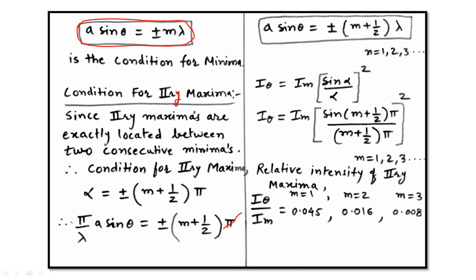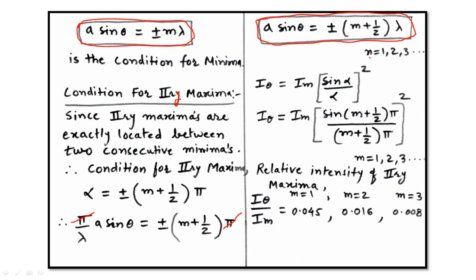So again cancelling pi from both sides and rewriting this equation, we get the condition for secondary maxima as a sin theta is equal to plus minus of m plus half lambda. So this is the condition for secondary maxima in case of Fraunhofer diffraction due to single slit. And here this m can take values like 1, 2, 3 and so on.